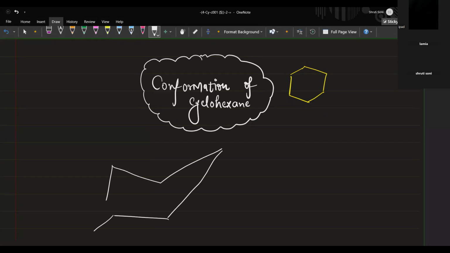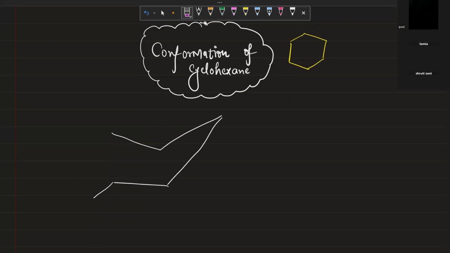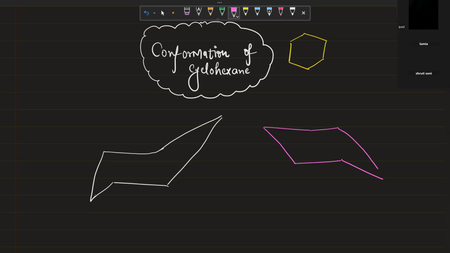So now this is the 3D structure of chair conformation as we see. And you can also draw it like this, okay? Both of them are interconvertible. They are in equilibrium with each other.